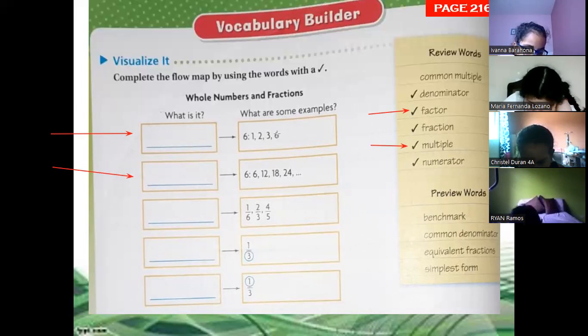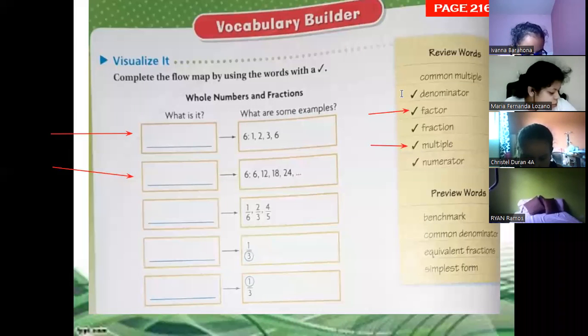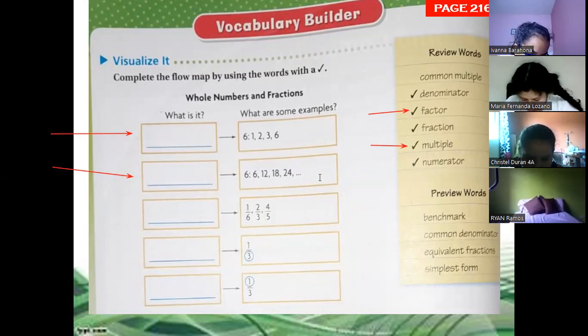What are factors? The first one or the second? Factors of 6. The second one? Factors of number 6. Remember that factors are two numbers we multiply that equal 6. What happens if I multiply 6 times 12?